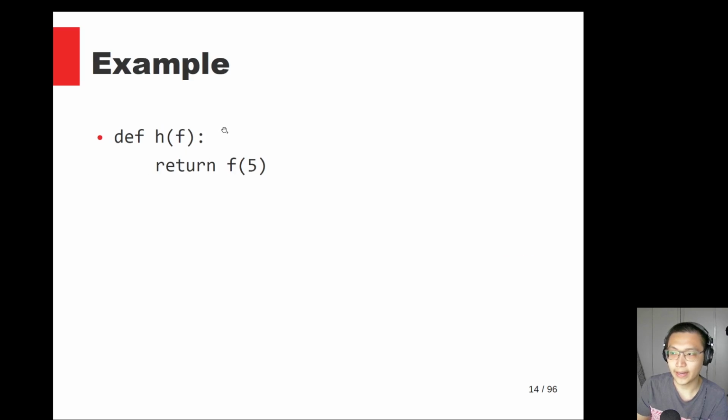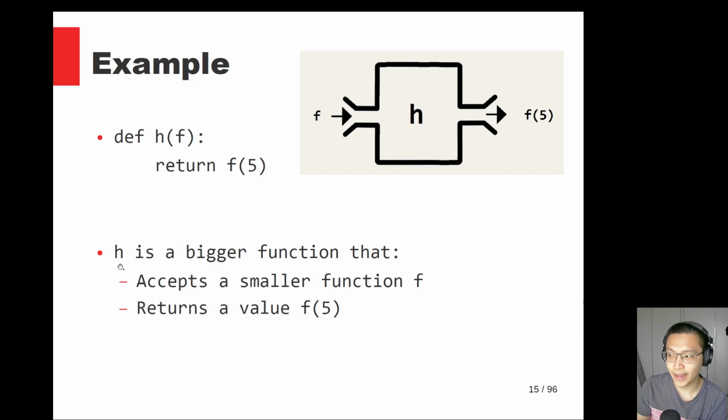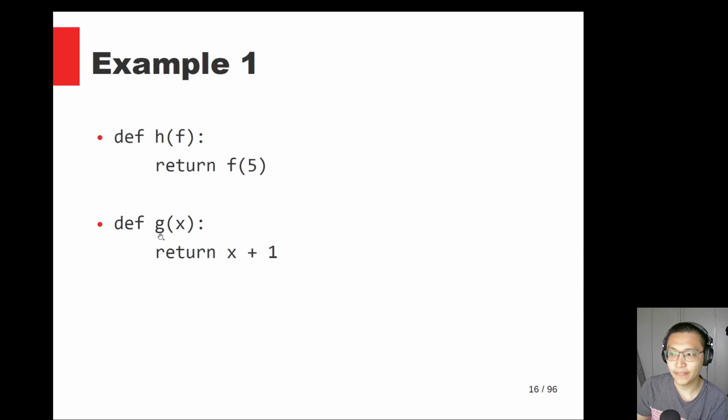So let's take a look at an example. Let's say that I have an h that accepts a smaller function f and returns f(5). So h is a bigger function that accepts a smaller machine, a smaller function f, and returns f(5). For example, if I have a small machine g, g(x) equals x plus 1.